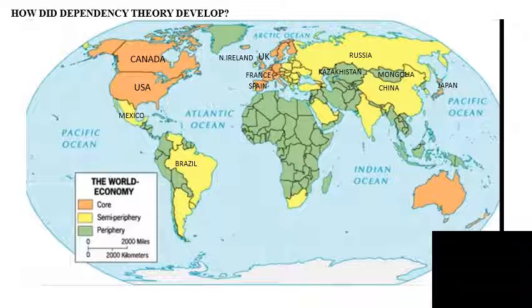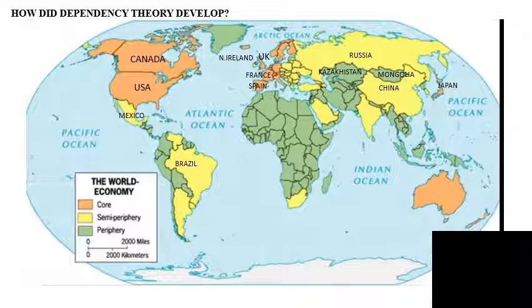So we have core. In some places, it may be called center as well. They are Canada, USA, France, Spain, Germany, Austria, Belgium, Norway, Northern Ireland, Australia, and even Japan, to name a few. Semi-periphery countries, painted in yellow, are across different continents.